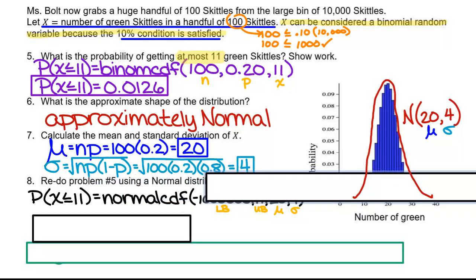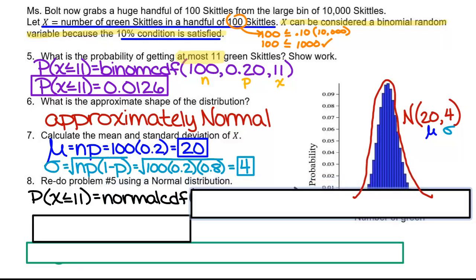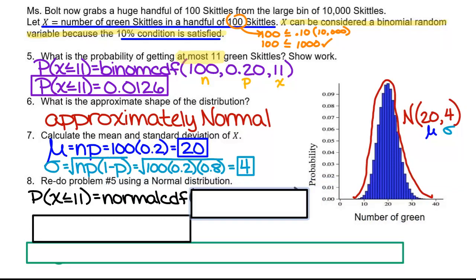Always want to make sure that we're getting that probability notation down. And then we're using which function again? Normal CDF. And then we have to put our parameters inside parentheses. What are the 4 parameters we need? Mu, which is the mean. Sigma, the standard deviation, yes.